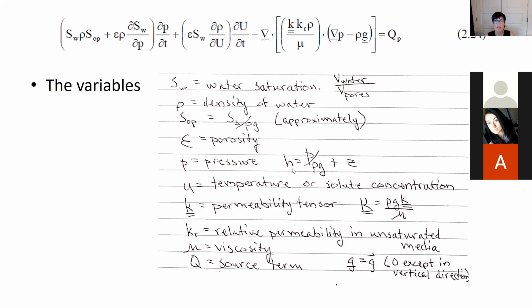So we know we can convert this to hydraulic head. That's useful. That means this is essentially our dH/dt term, which we expected because there was something related to the specific storage. So this is going to be our specific storage term, our change in mass with time.